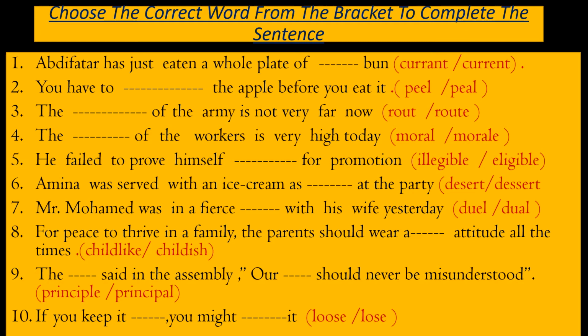For example, the second one is current, and the first one also is current. Both of them are pronounced as current. Now, which one do we use? A current, the first one, sometimes is used to refer to dry grapes.